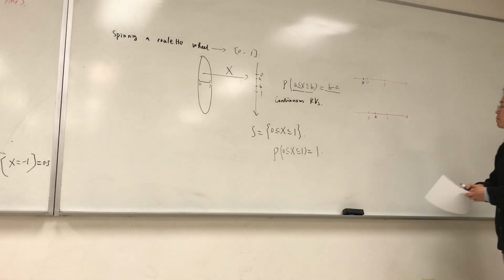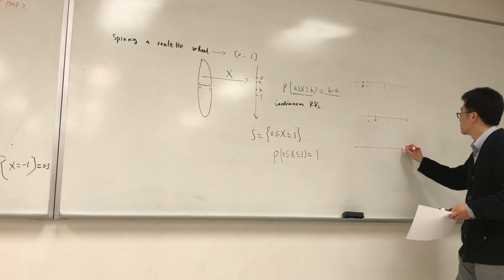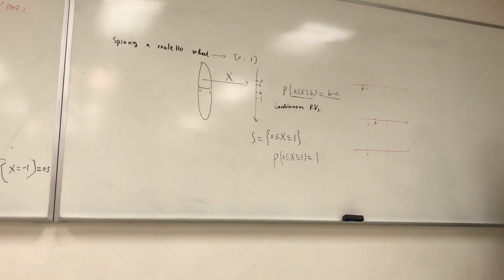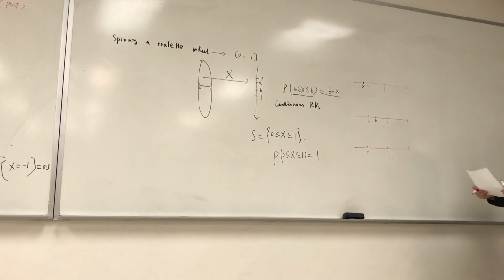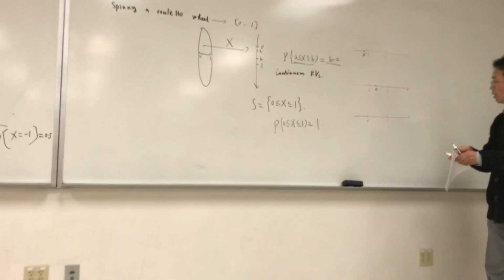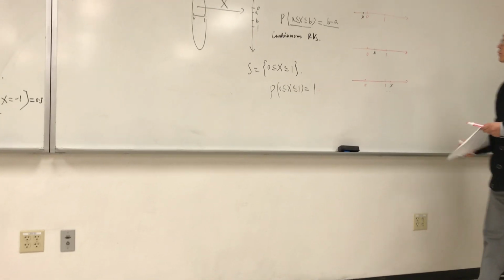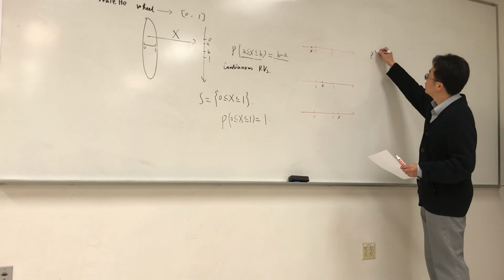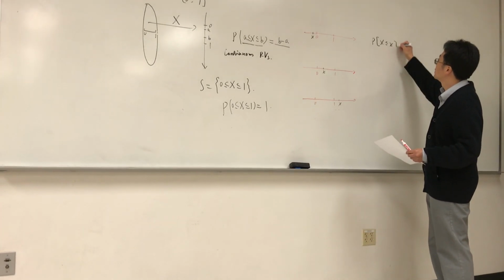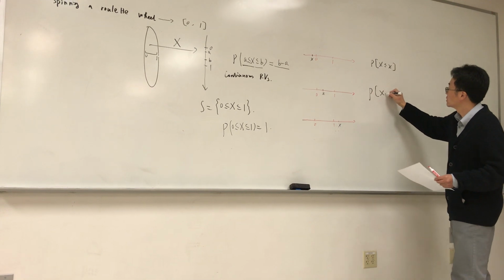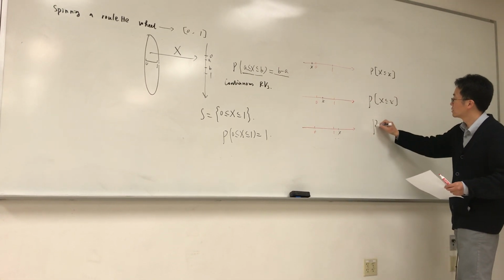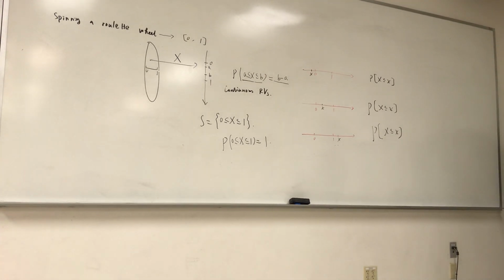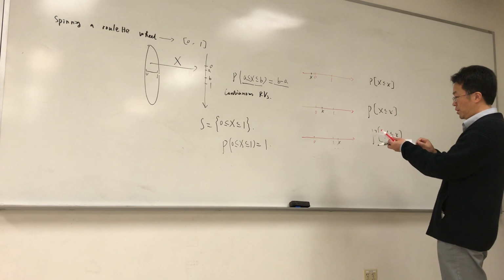Case number 3, when the realization is on the right side of 1. And for each of these three cases, our goal is to determine what? The corresponding probability.